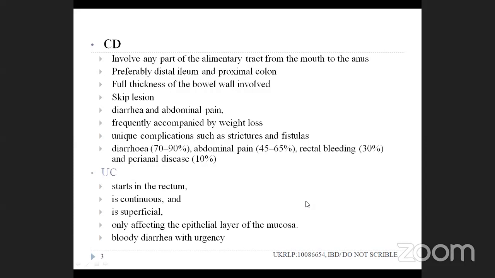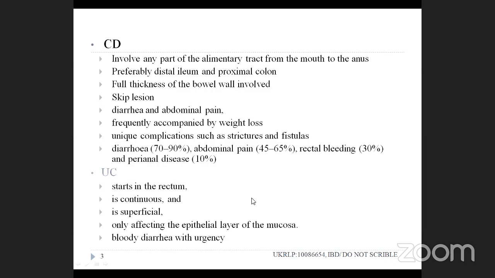So the most important differentiating point between Crohn's disease and ulcerative colitis is the skip lesion, and the involvement of the whole length of the colon in ulcerative colitis. The most common clinical feature of ulcerative colitis is bloody diarrhea with urgency in passing stool.